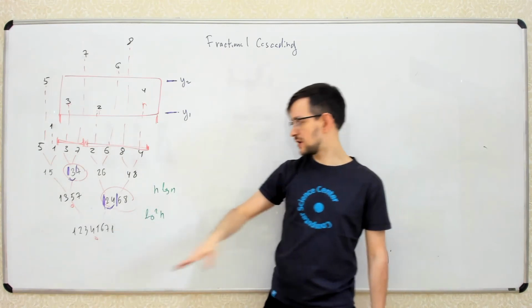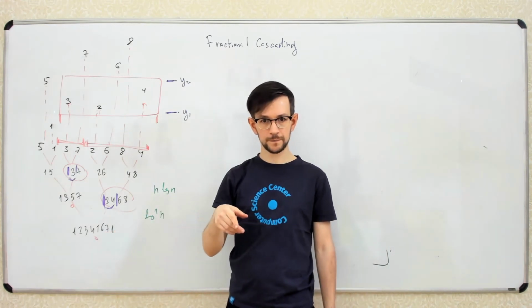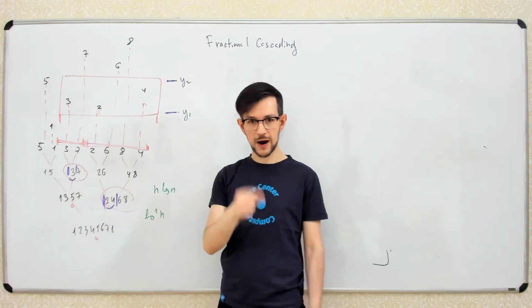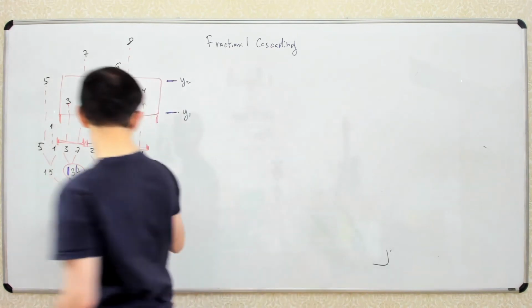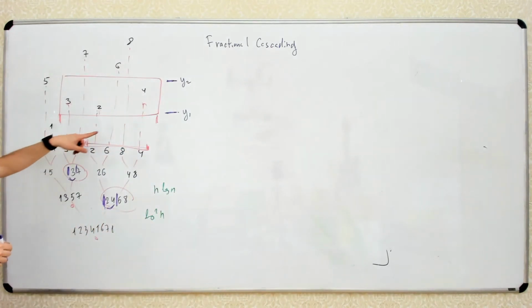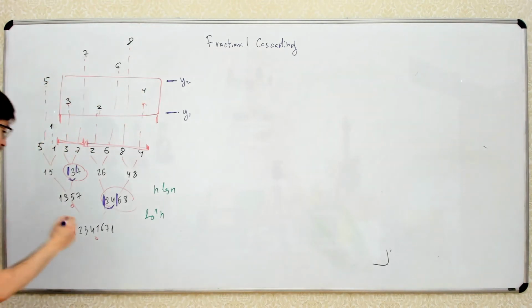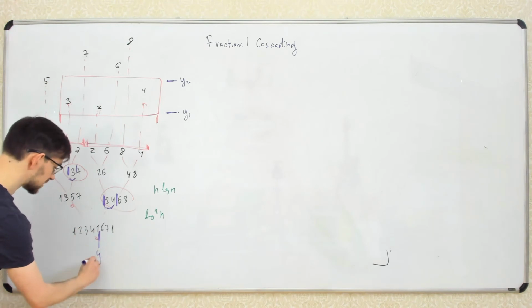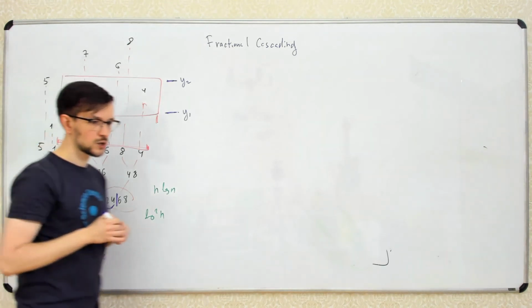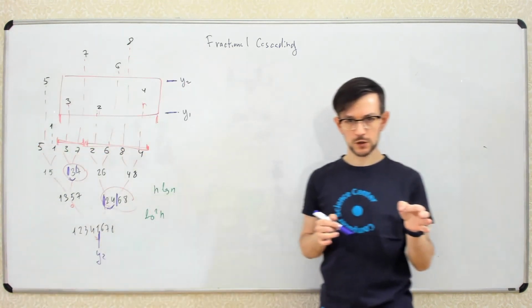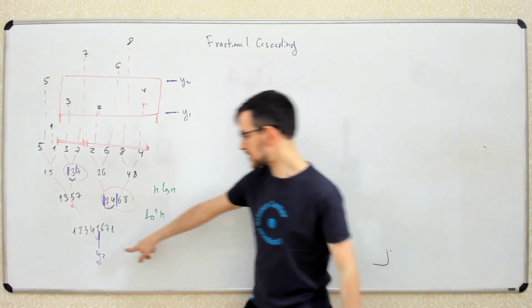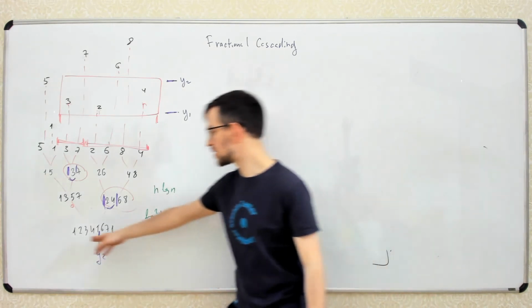So we'll take this first array in the root, and in this array we will make a binary search. So for example, we need to find y1, and let's say y2. Y2 is between 5 and 6, so y2 is somewhere here. So we will make 1 binary search and find the position of y2 in this big sorted array.